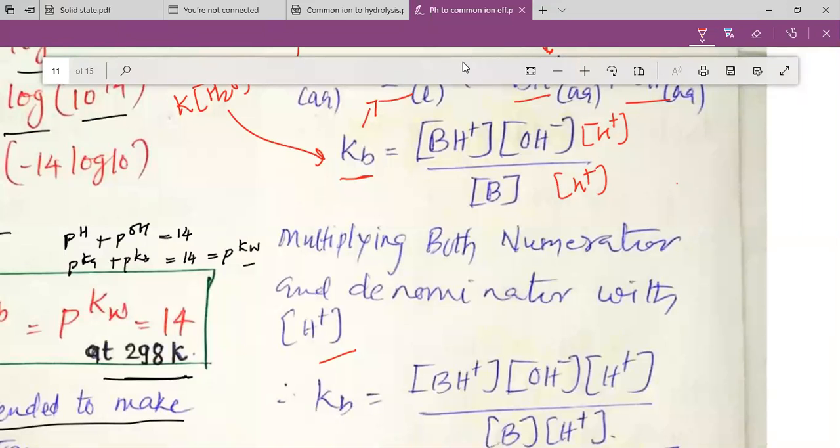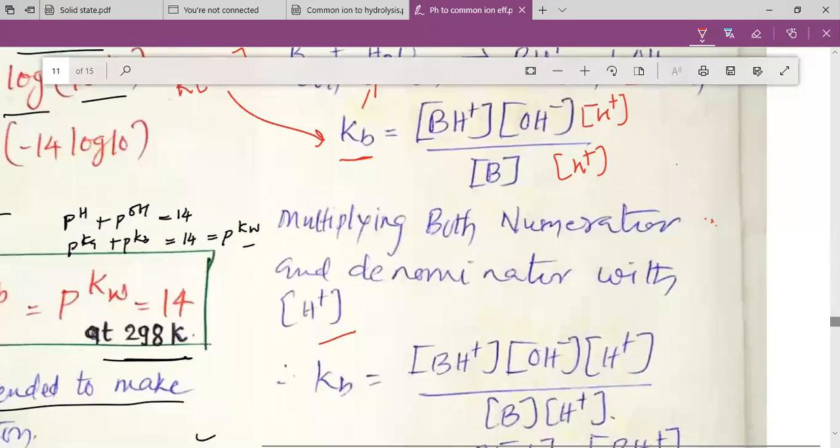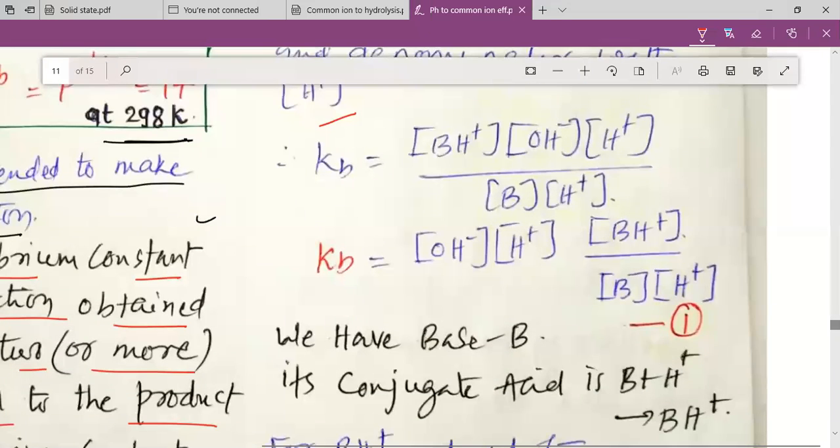Multiplying both the numerator as well as the denominator with H plus, my dear students, we get Kb is equal to the concentration of BH plus multiplied by the concentration of OH minus divided by the concentration of B multiplied by the concentration of H plus.